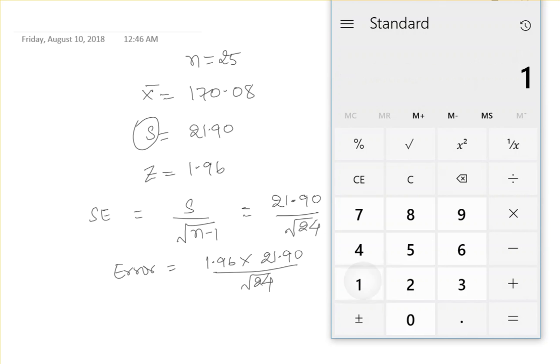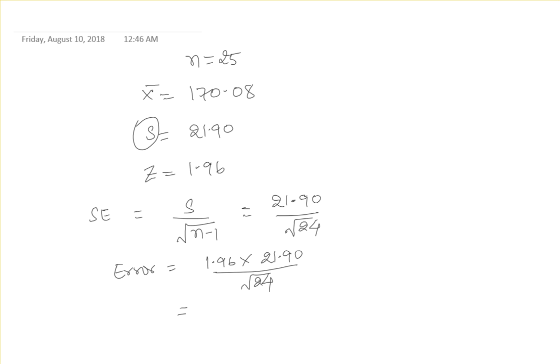1.96 into 21.90 divided by 4.899 is 8.762. Error is 8.762 and mean is 170.08. If we round off the decimal, it will be 8.76.